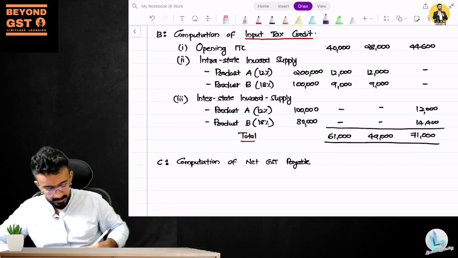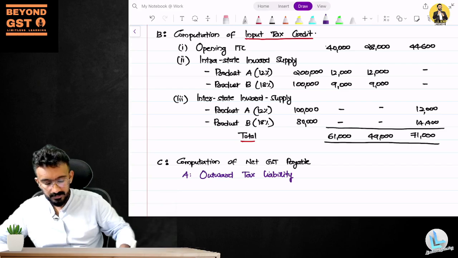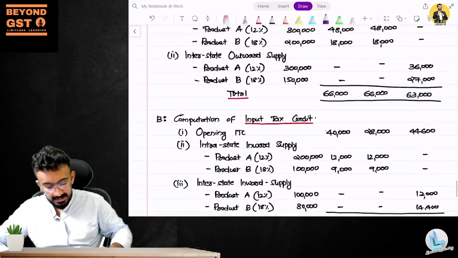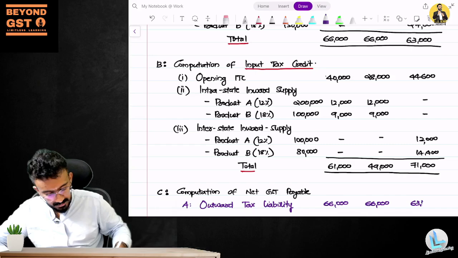We will rewrite part A, which is outward tax liability. Only taxes I will rewrite. What is my outward tax liability? 66,000, 66,000, 63,000.